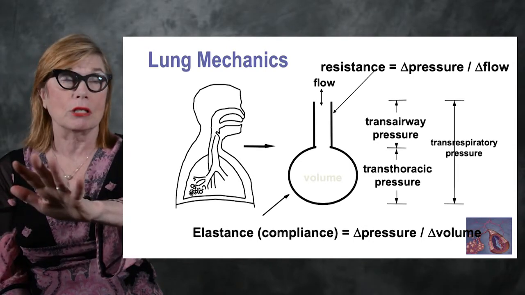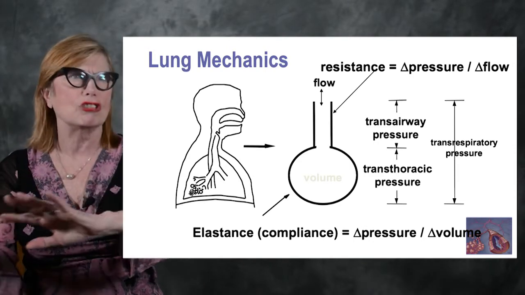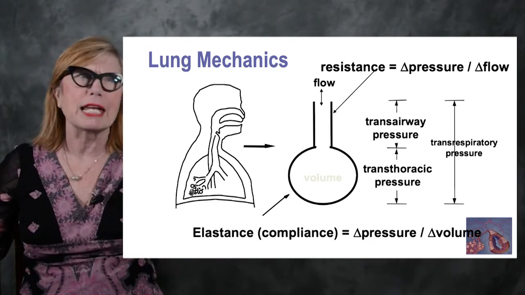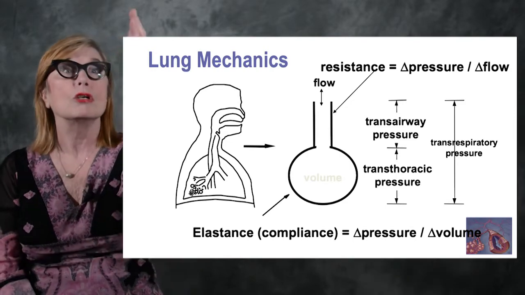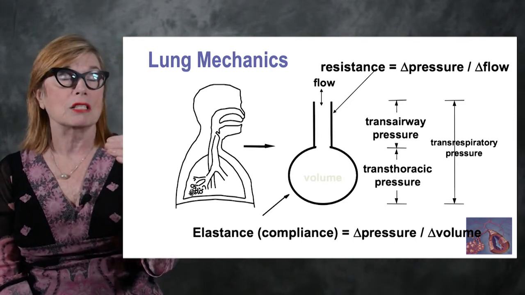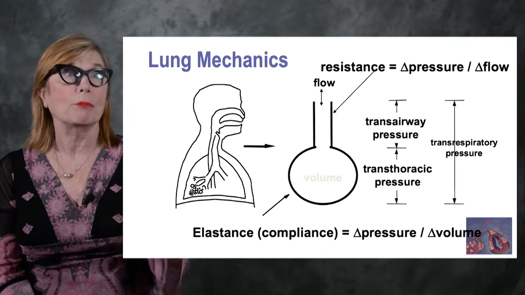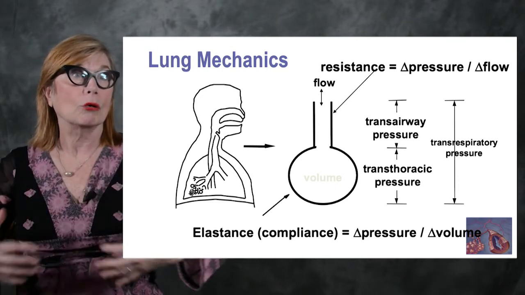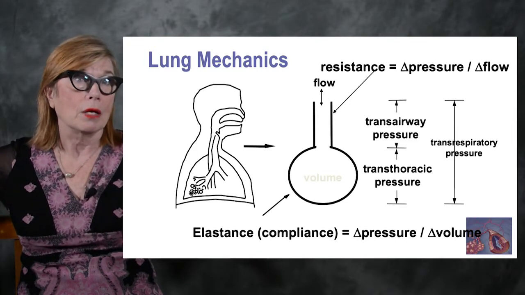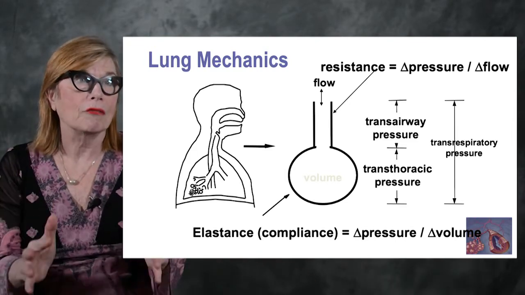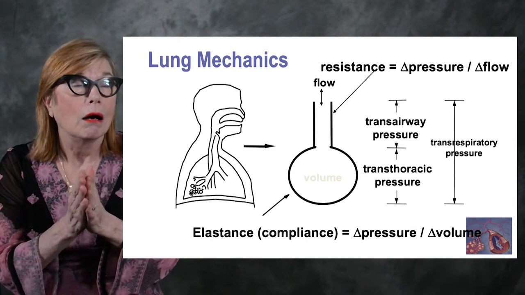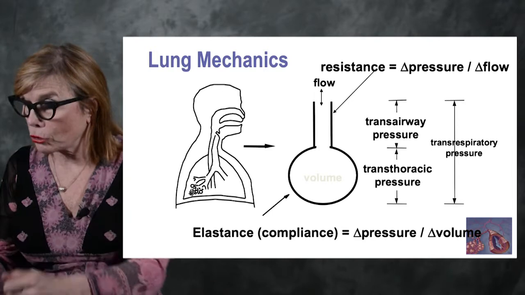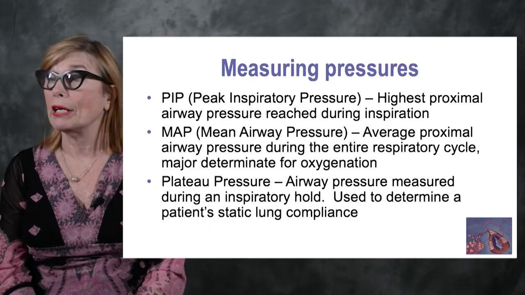You're never going to have to evaluate this even on CCRN or CEN or CNRN or any other C's that you're taking as nurses. But what we want to do is separate resistance into ET tube, tracheal bronchial, alveoli, and compliance to alveoli only. That's beautiful because it helps us to understand what we're actually going to evaluate when we look at pulmonary dynamics.